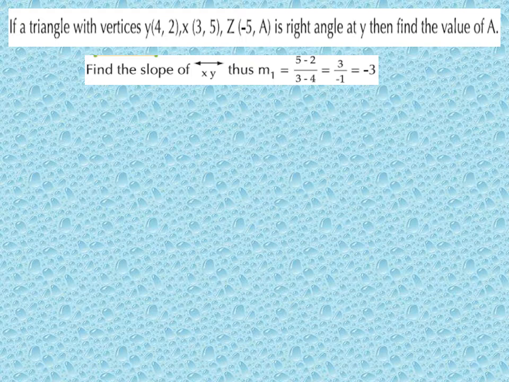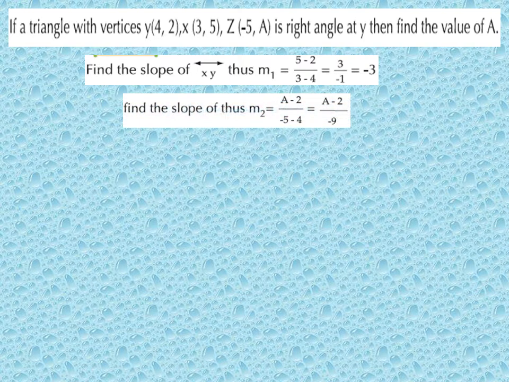Thus m1 equals 5 minus 2 over 3 minus 4 equals -3. Find the slope m2, the slope of YZ, a minus 2 over -5 minus 4 equals a minus 2 over -9.